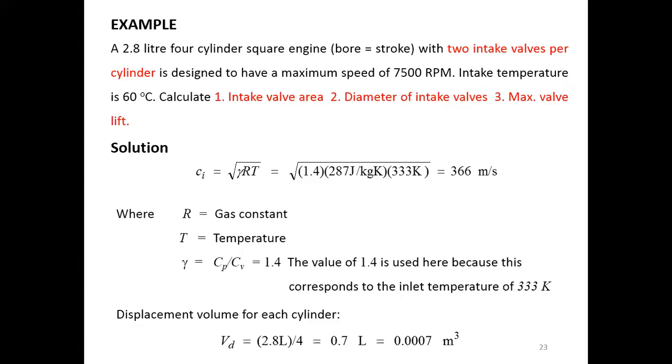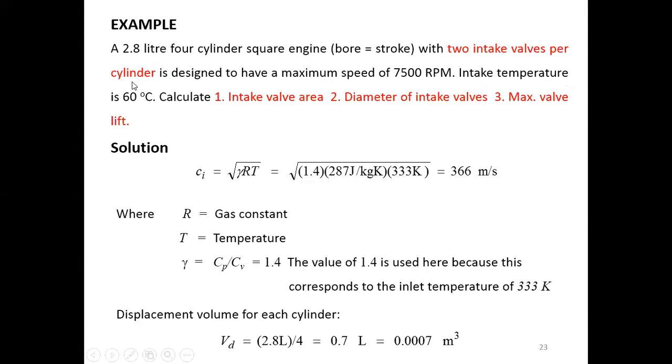Okay, so you have to clearly understand that this expression is the total intake valve area, or the inlet valve area. Okay, so let's do an example for the valve calculations. We have a 2.8 liter 4-cylinder square engine, bore equal to the stroke, with 2 intake valves per cylinder, not just 1.